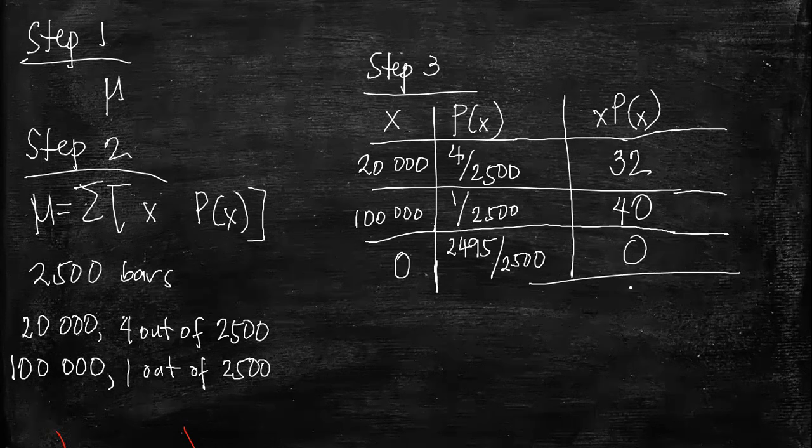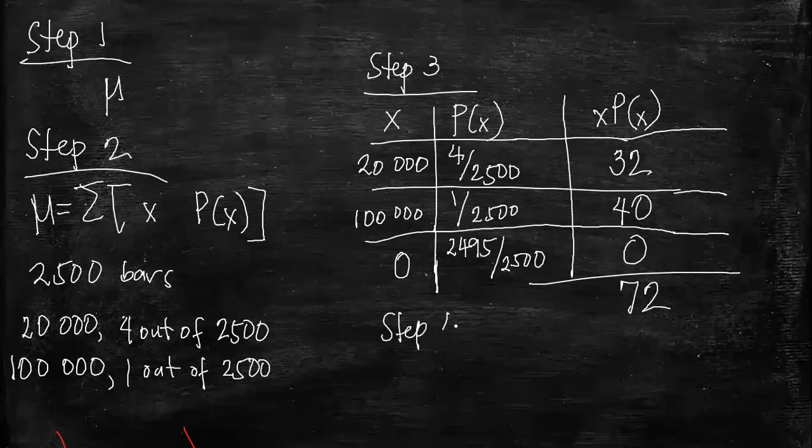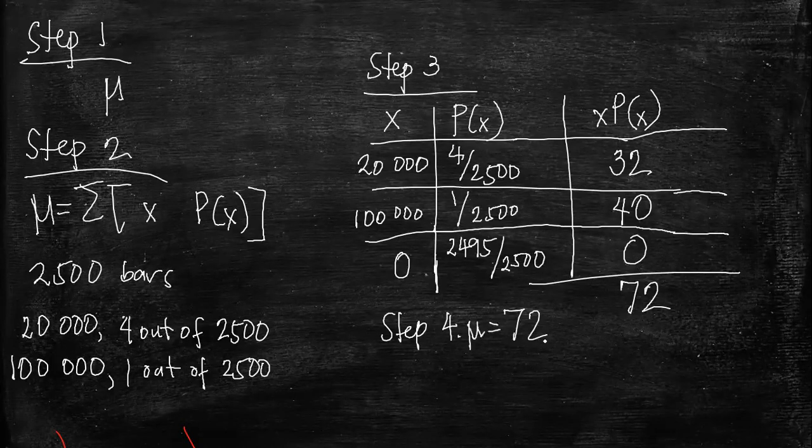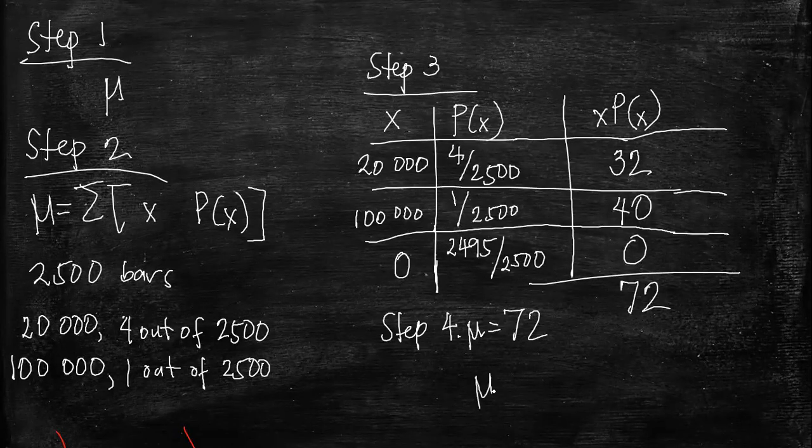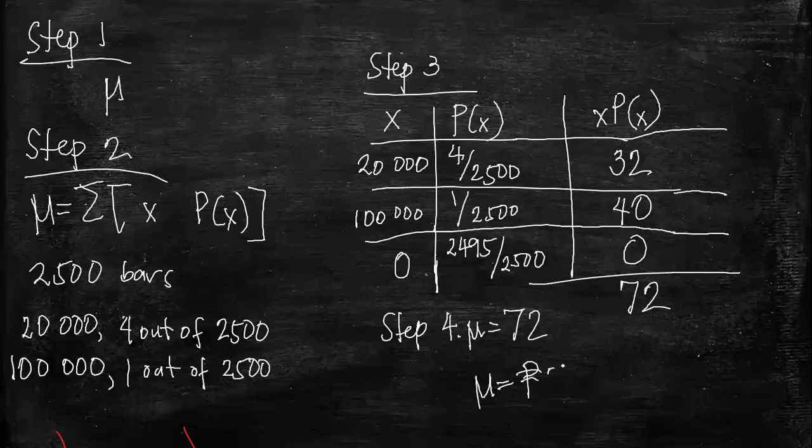Okay. Any number multiplied to 0 is 0. Pakihanap ang sum. 72 po. Okay. So step 4 natin is 72. Mu is 72. Anong unit sa tingin nyo? Pesos. Pera siya. Okay? Kasi yung random variable natin is pera.